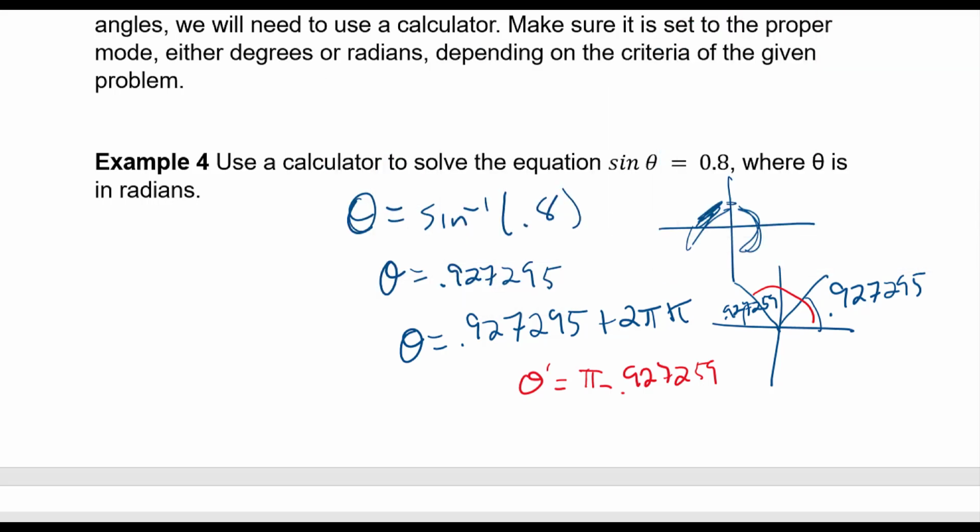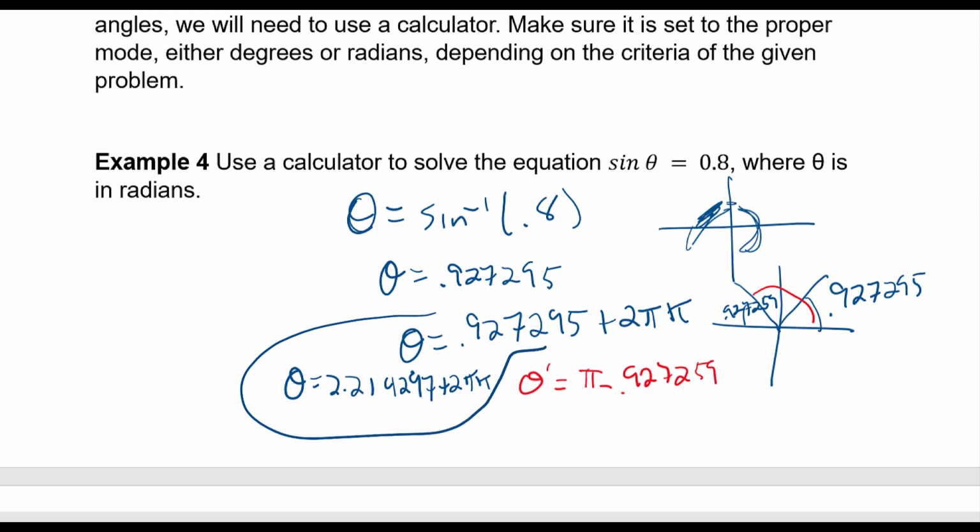So the other theta is 2.214297 plus 2 pi k. So here are your answers. Yes, we always have to look for the other place that this would have a solution.